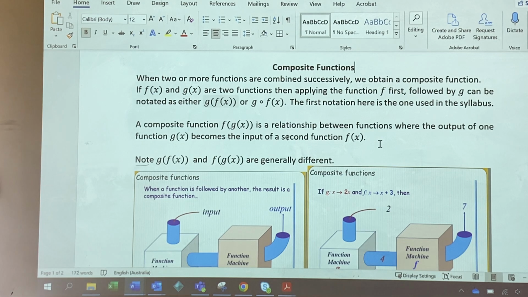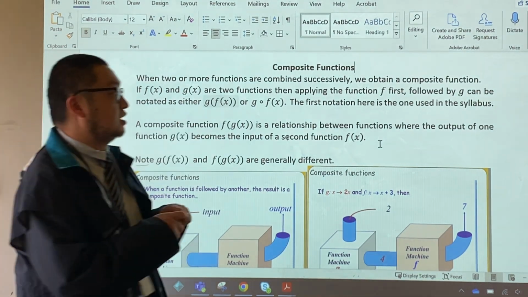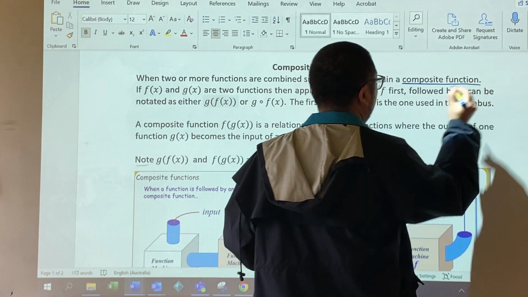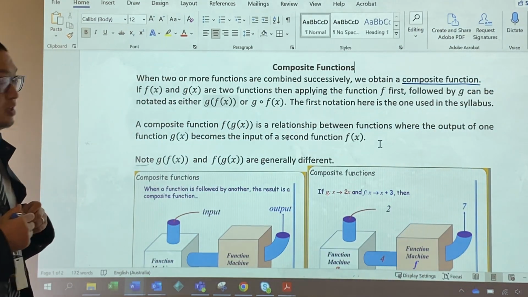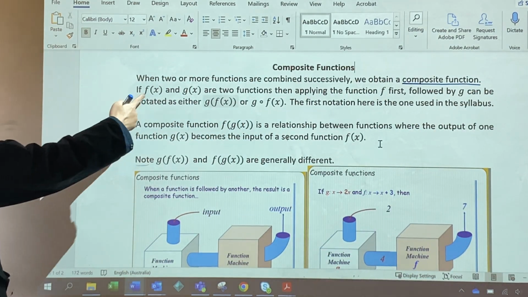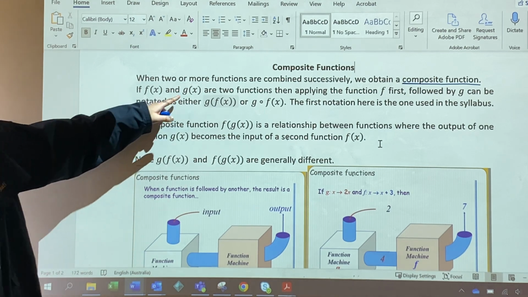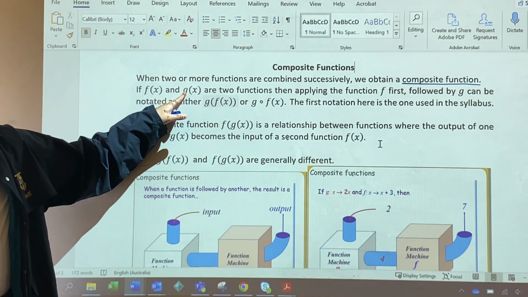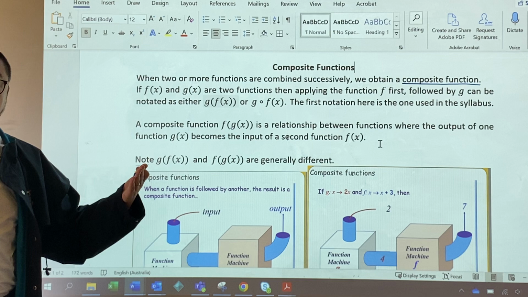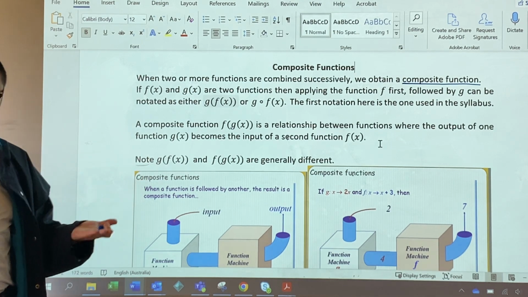So basically, when two or more functions are combined one after another, we obtain a composite function. If one function is called f of x, another function is called g of x, right? We talked about individual functions in the past, in the function chapter, chapter 3.